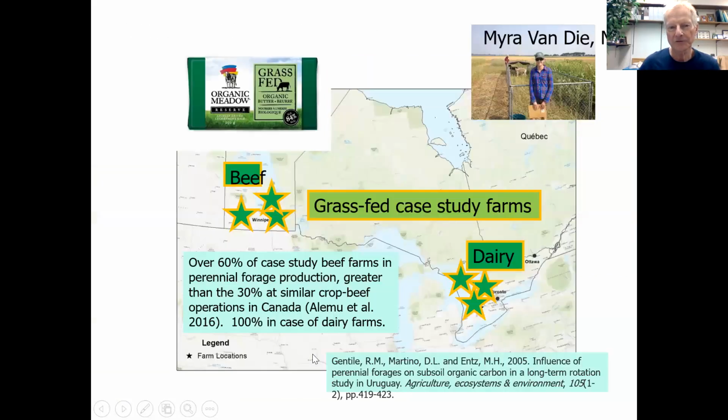That's the season opener. And we illustrate the value of these perennials by visiting different grass-fed farms in Manitoba growing grass-fed beef, and in Ontario growing grass-fed milk and producing organic meadow grass-fed butter.